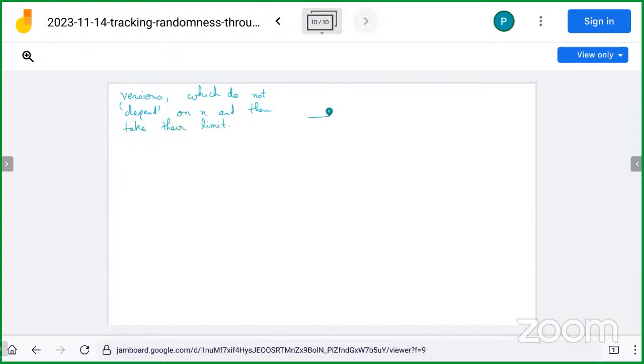So what this means is something like nV1, for example. This seems like a natural thing to look at.